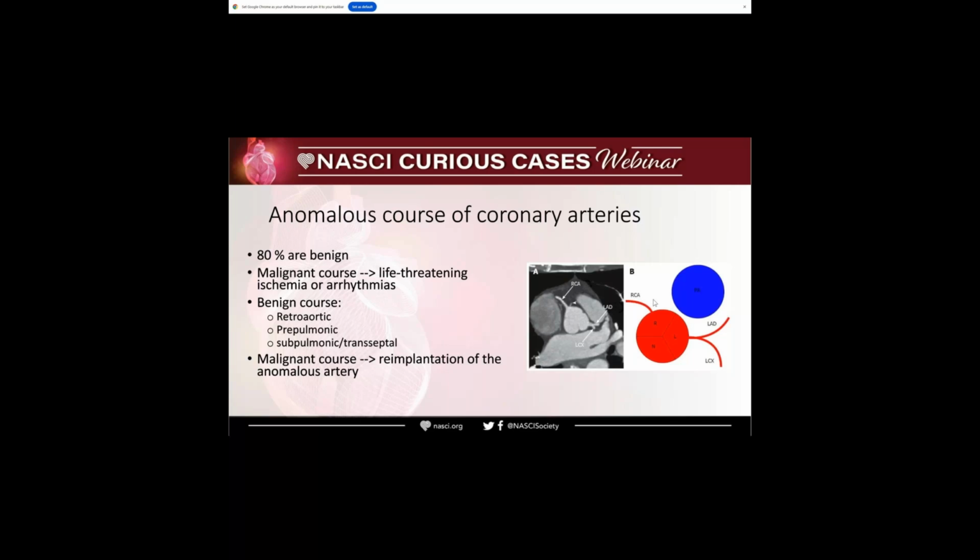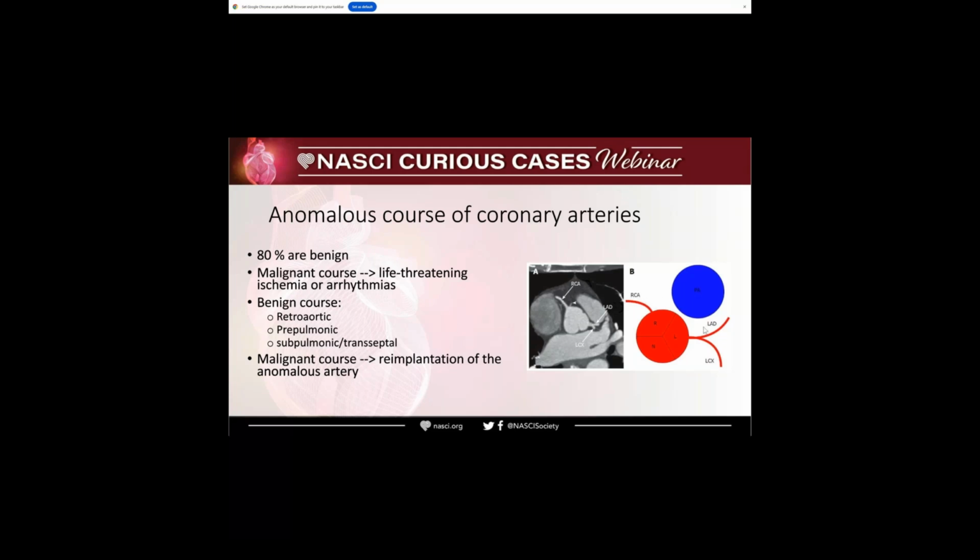But there are other courses possible. Sometimes it can course before or anterior to the pulmonary artery, which is a prepulmonic course. Sometimes it can go behind the aorta, and it will be a retro-aortic course. These courses are considered benign; they're not malignant. There's an additional transseptal course that is less depicted here, which is also not malignant.